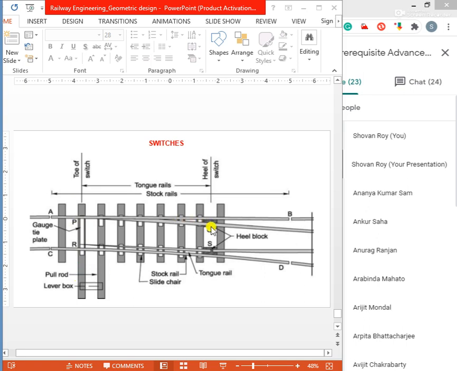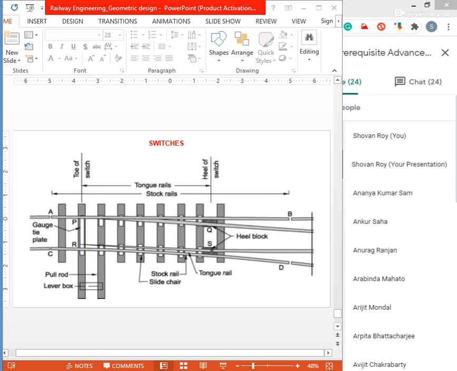Q and S portions are completely fixed. PQ is one tongue rail and RS is the other tongue rail, but the Q and S portions are completely fixed, and the PR portion can move together with this gauge tie plate. Already written here, this gauge tie plate can move in the transverse direction.